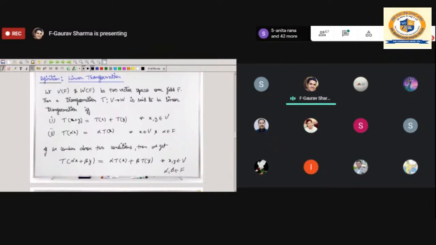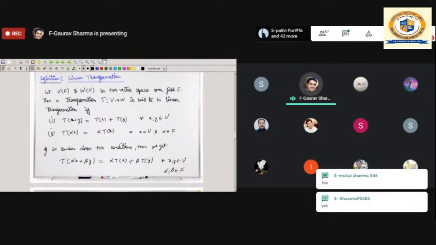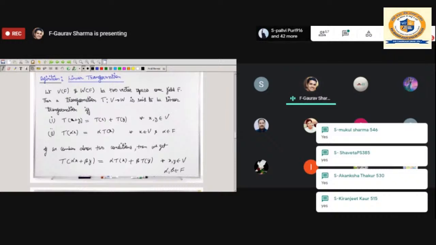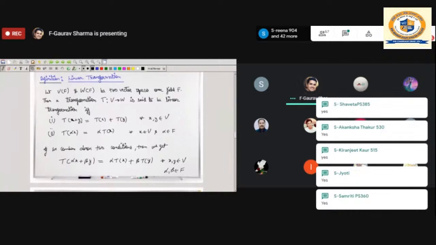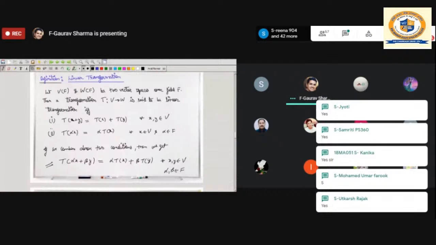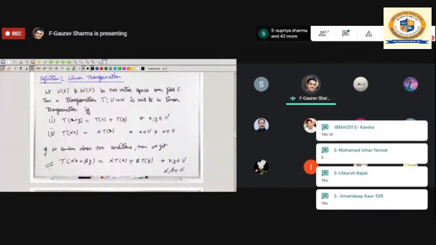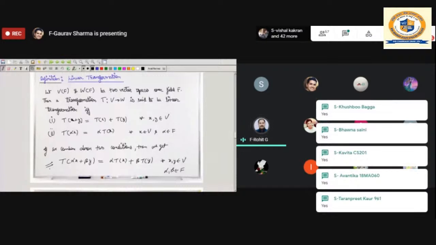Now, if up to here you understood the concept, then please write yes. Otherwise, we will discuss again. If you are clear why we have defined this linear transformation in this way, then please write yes. And if you have any doubt, then you can ask. Samriti has asked a question previously.